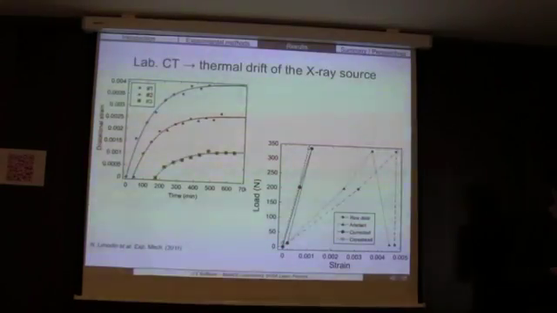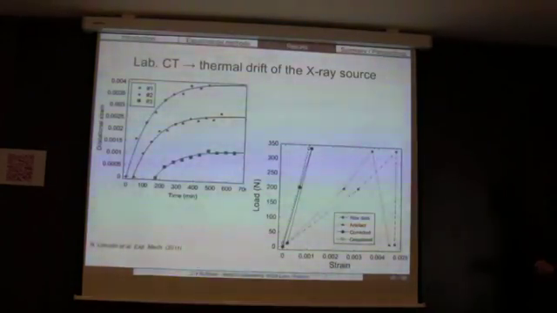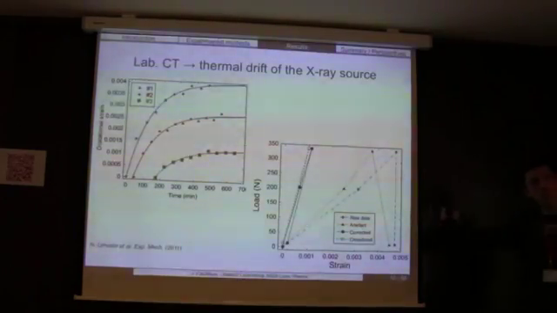There are some problems, and I want to underline two. One is that we are using lab sources, and lab sources are less stable than synchrotron sources, and you have thermal issues. One scan lasts three quarters of an hour, so it takes hours to scan one sample. During that time, your X-ray source will drift a little bit.